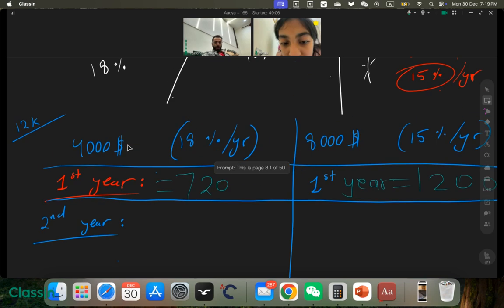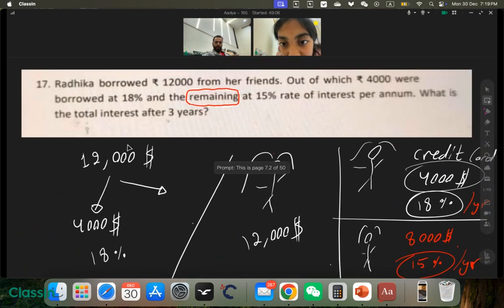Didn't they say anything about you making monthly payments? They should have told you how much she's paying in the first month, and sorry, the first year, how much she's paying for the first year.